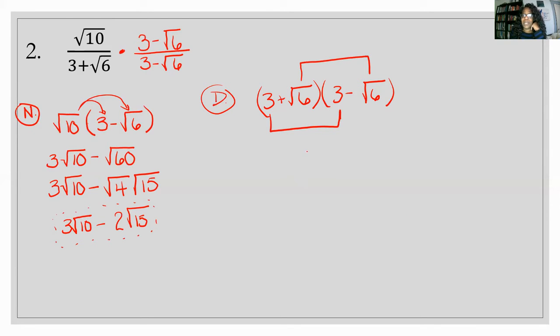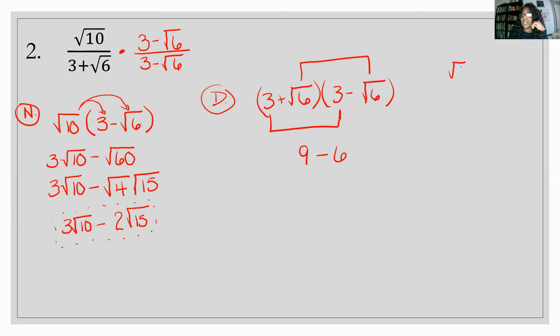So 3 times 3 gives me 9. I'm going to put a minus because a positive times a negative is a negative. And then we have the square root of 6 and the square root of 6. Every time you're multiplying by a radical with the same radicand, same number underneath the radicals, they just basically cancel out to give me this.